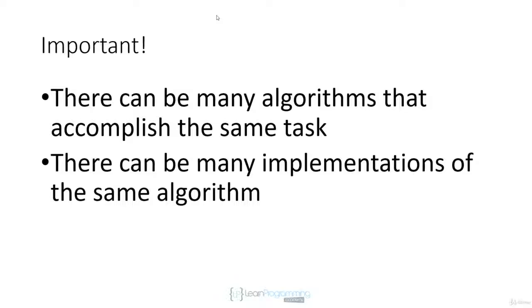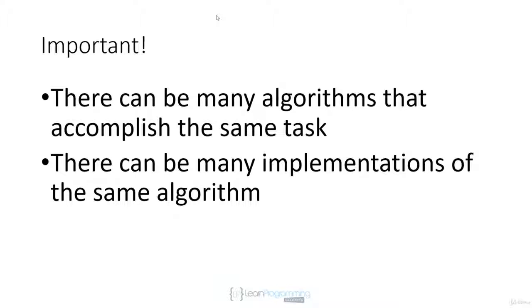As long as the code you're writing is following the steps described by the algorithm, you have an implementation for the algorithm. Now, often the words algorithm and implementation are used interchangeably, even though they're different. I'll probably do the same thing occasionally. I may occasionally use algorithm when I should be using implementation. So just remember that an algorithm can have many implementations. And as I said, there can be many algorithms for accomplishing the same task.